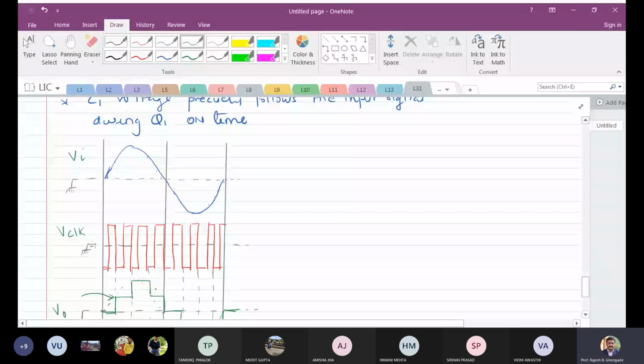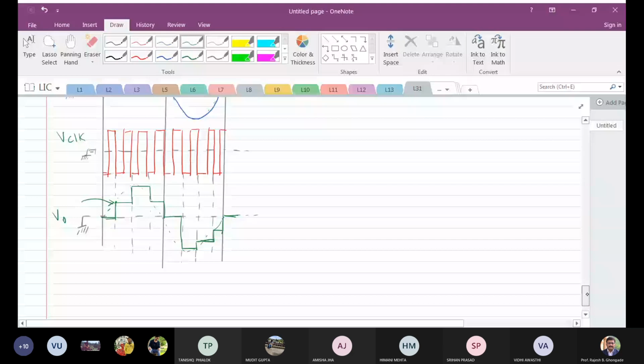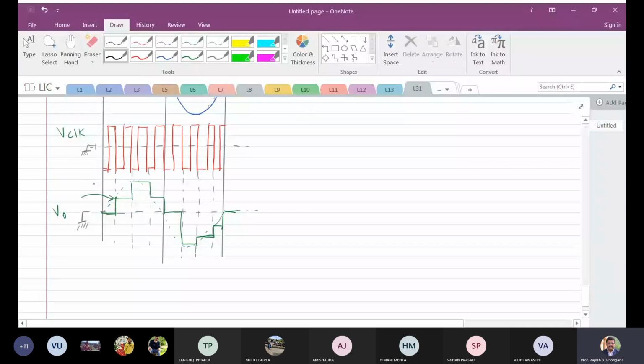For example, if you look at this place, whatever is the value is held and it stays there till the next pulse arrives. So this basically is called the sample and hold circuit.